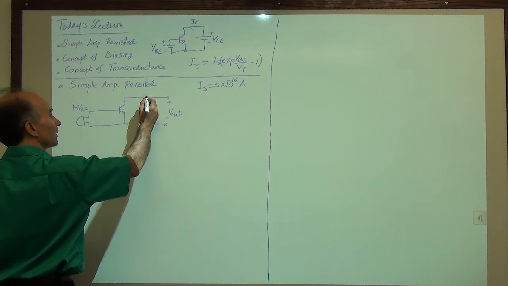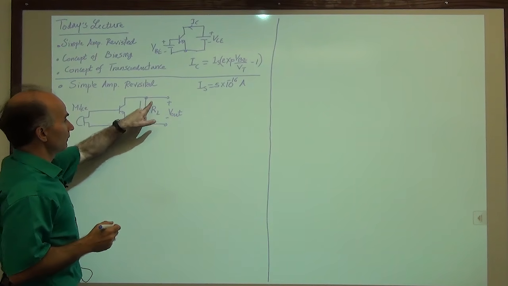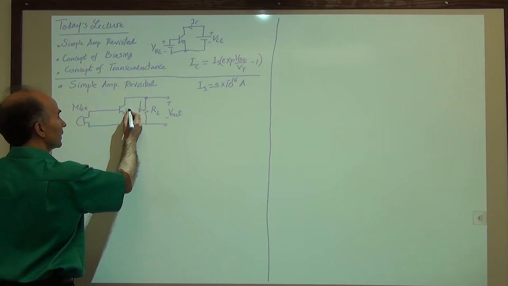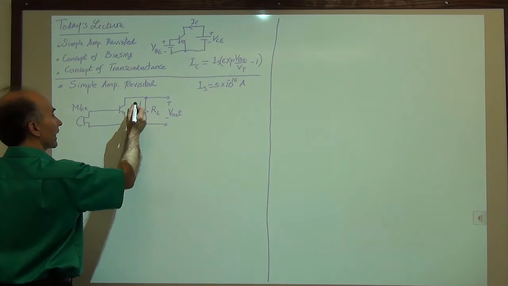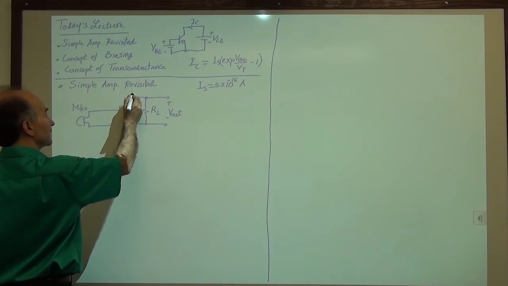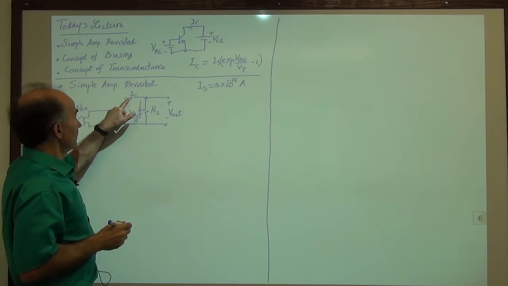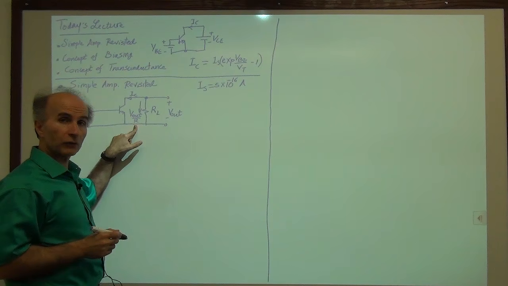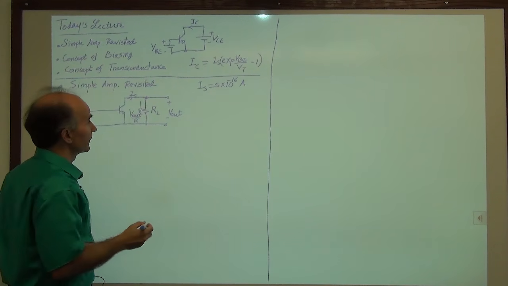Okay, well, what we know is that this current is given by this voltage over the resistance, so it's V out over RL, and this current is IC. So that tells us that IC must be equal to minus V out over RL, because KCL has to be satisfied at this node.